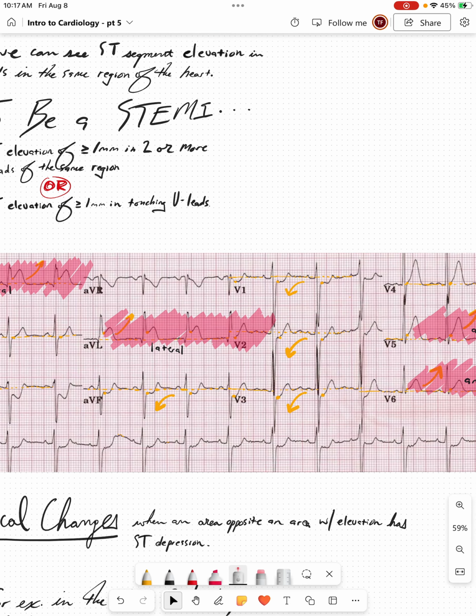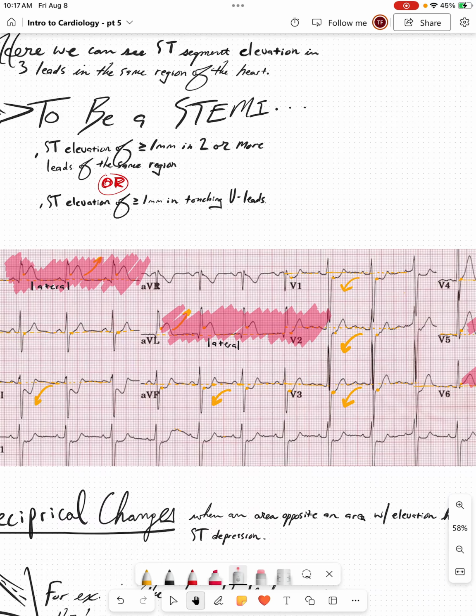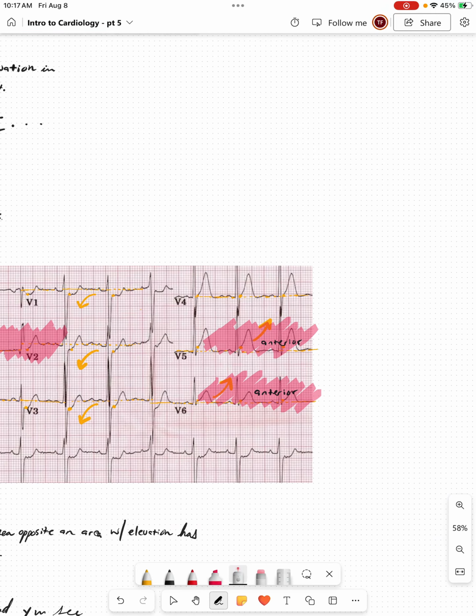Well, we have 2 leads here that are lateral. So this patient is having at least a lateral STEMI. And then we have 2 touching V leads here that happen to be in the same geographic region, though they would not need to be.